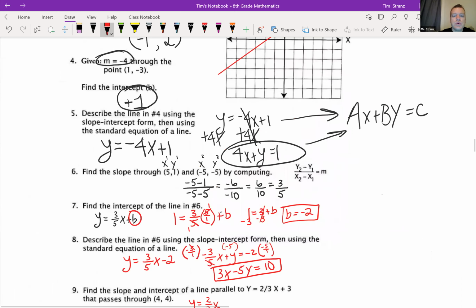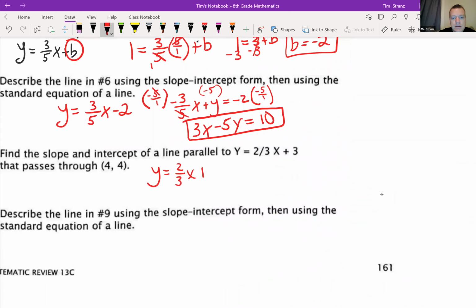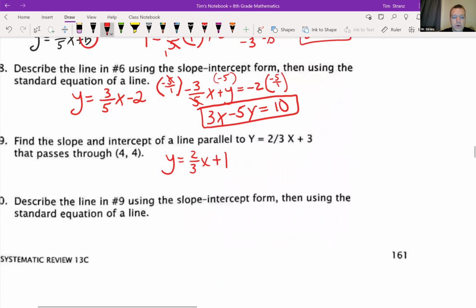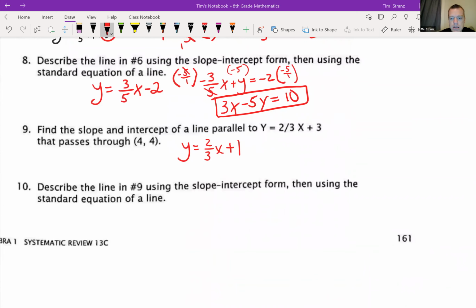So y equals 2/3 x plus 1. I'm just going to double check to make sure that is what they're looking for. So number 9. Computer's going a little slow. Okay, yep, +1.